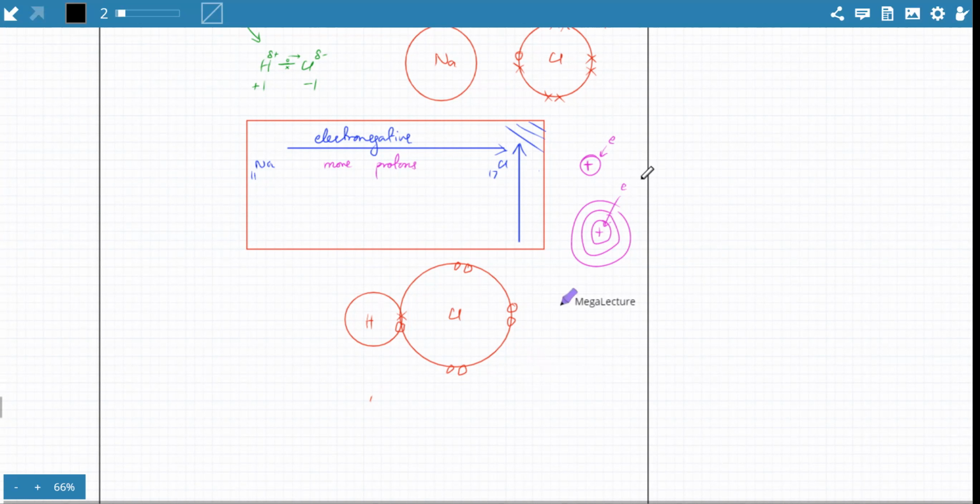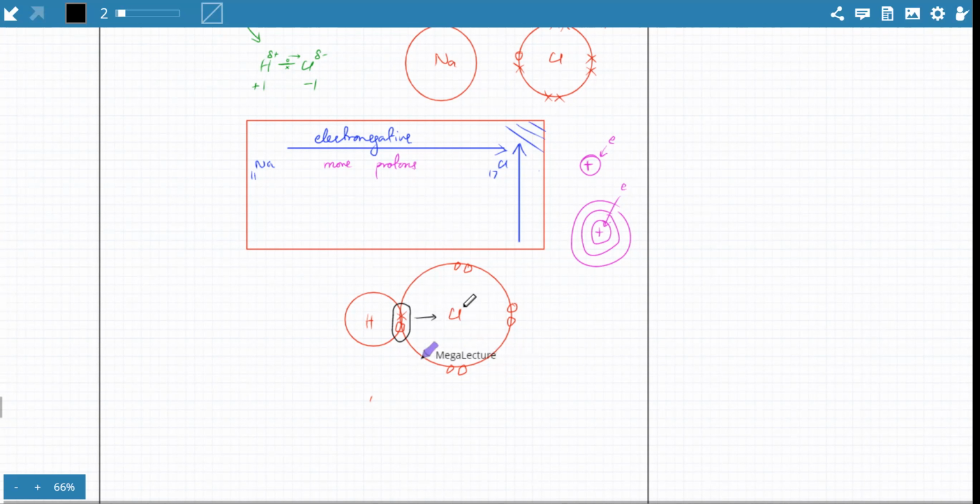But in this case, these electrons over here are not evenly distributed. They're not exactly in the middle. Cl has a stronger pull. Cl has 17 protons. Cl is right here in the corner. It's very electronegative. Cl has a very strong tendency to attract electrons. So Cl will pull these electrons towards itself. And this molecule would not be a perfectly covalent molecule, because these electrons would be lying closer to Cl.